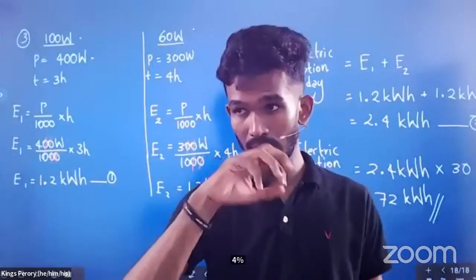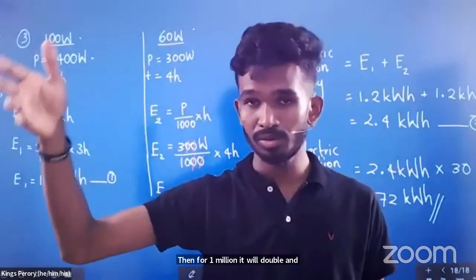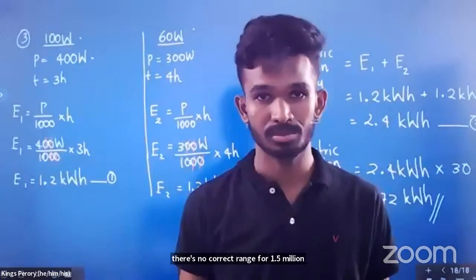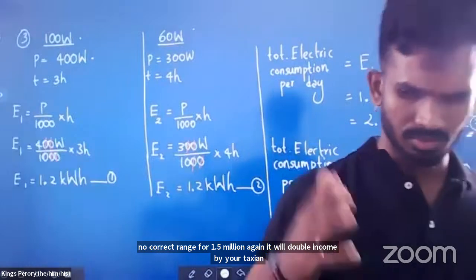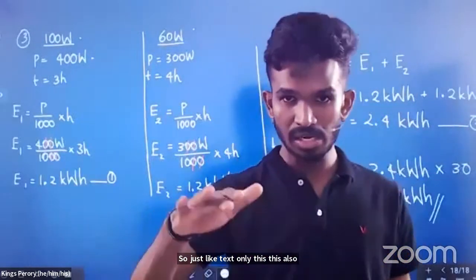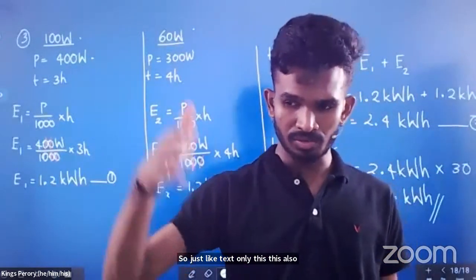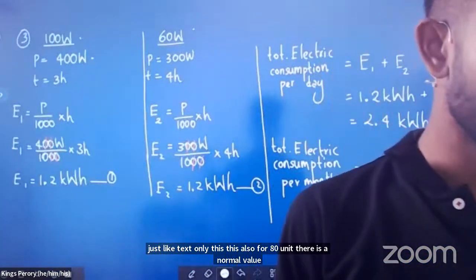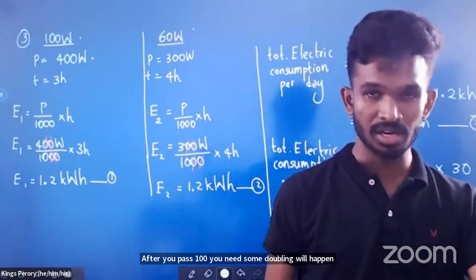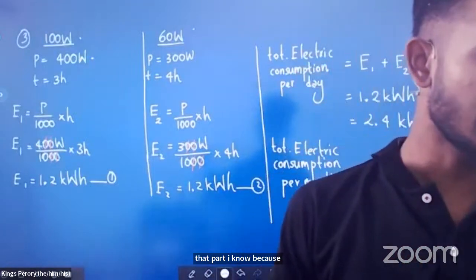For 1.5 million, again it will double. So just like tax, this also: for 80 units there is a normal value. After you pass 100 units, some doubling will happen. That part I know because when we analyze the bill, we can understand that.